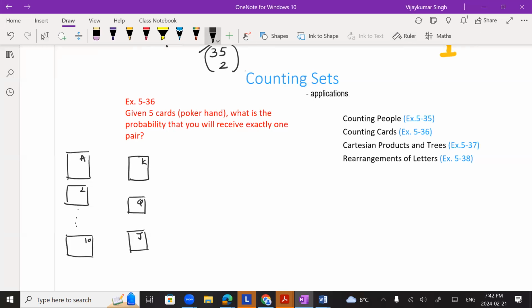So we have A to 10, and there are 4 suits, okay? They are black and red. Black has 2 of them. One is spade.